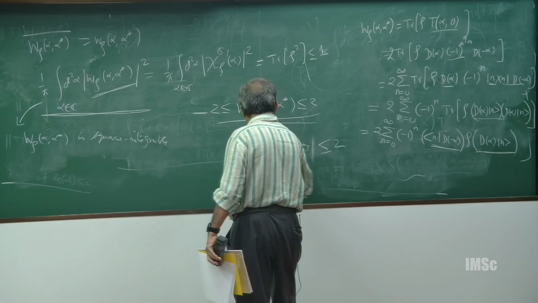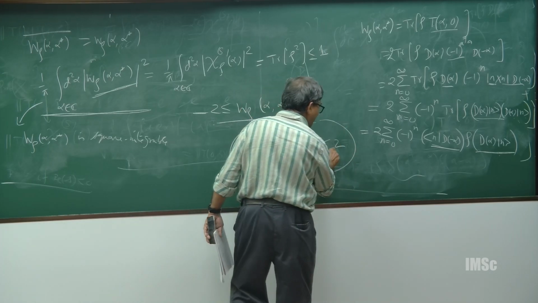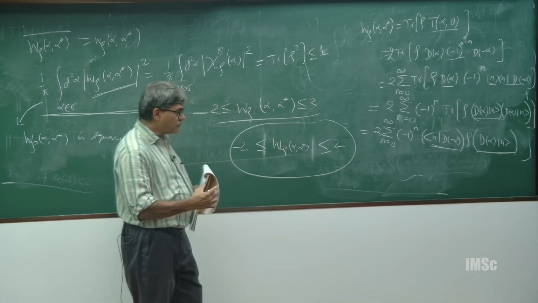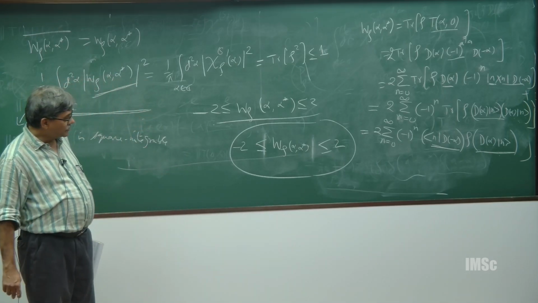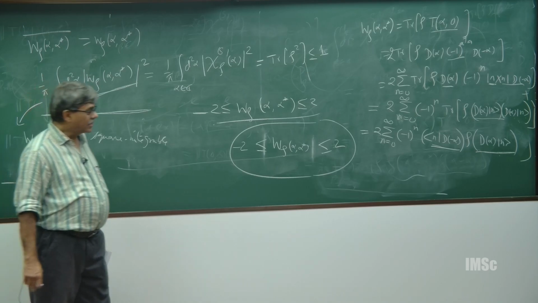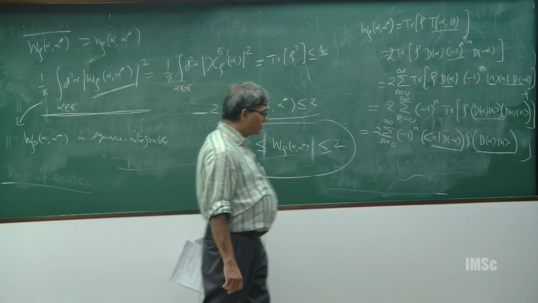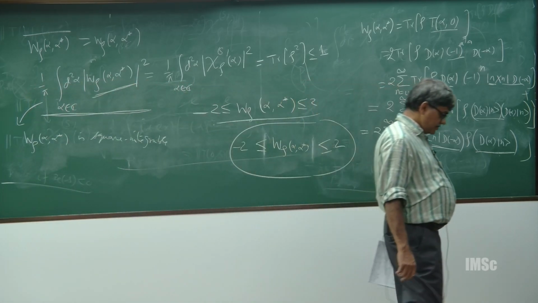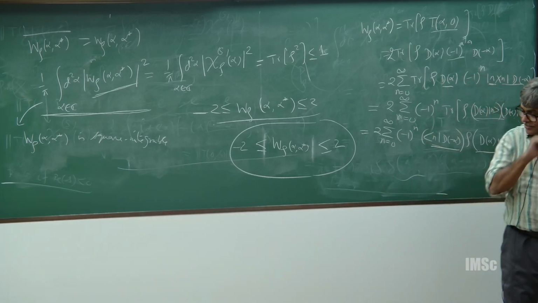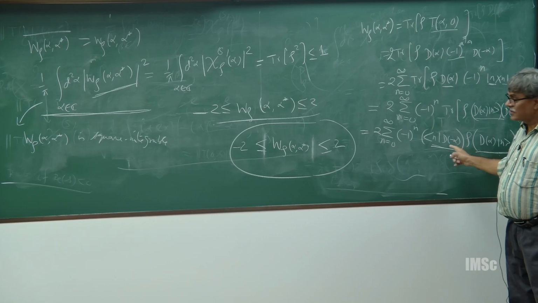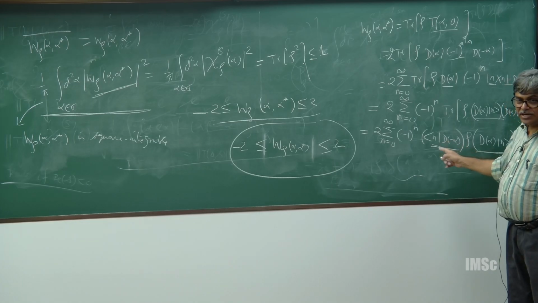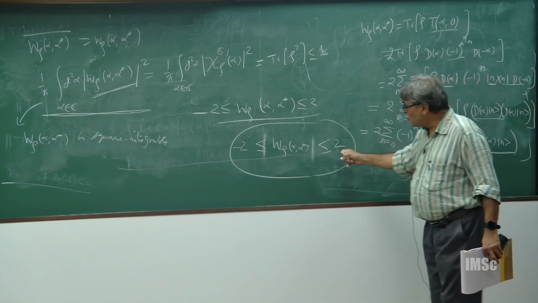Now, when this maximum value is achieved, for what sort of rho? Pure state, and then also n should be the corresponding n. For all displaced number states, this should be either 2 or minus 2.